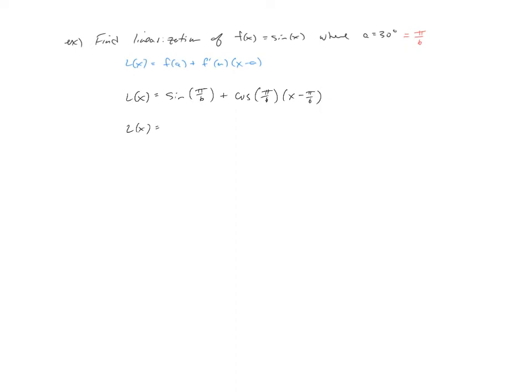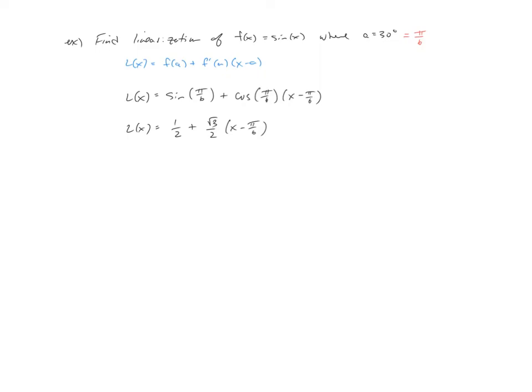So I'm going to clean this up. Sine of pi over 6 would be 1/2, plus we have root 3 over 2, cosine of pi over 6, times x minus pi over 6.